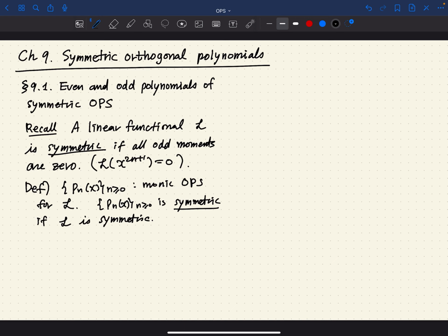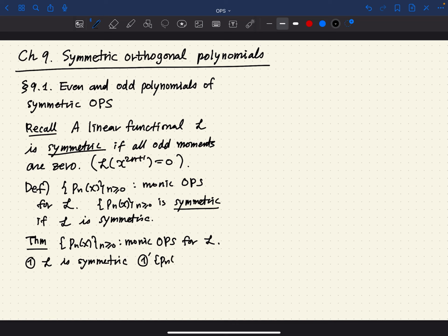And in fact, we proved earlier that there are some equivalent conditions. So let's suppose that P_n(x) is a monic OPS for a linear functional L, then we have equivalent conditions. First, L is symmetric, but of course this is the same as saying P_n(x) is symmetric, they are really the same.